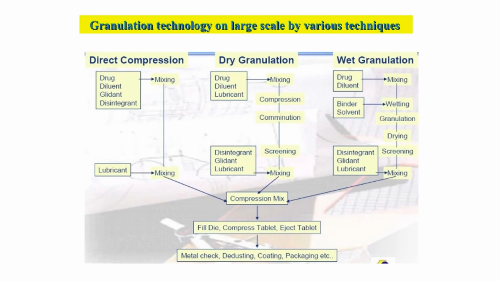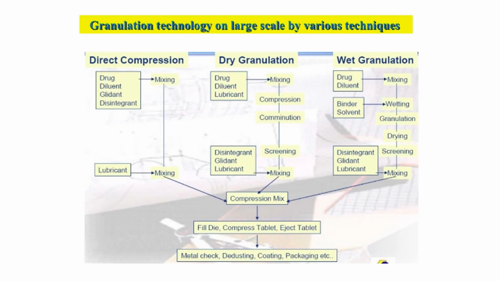And in dry granulation, the first step is the same. We mix the drug and diluent along with some lubricants, and it is introduced into a heavy tablet punching machine, where we form a poorly formed tablet. This poorly formed tablet is passed through different types of sieves in order to reduce the size so that granules are formed.